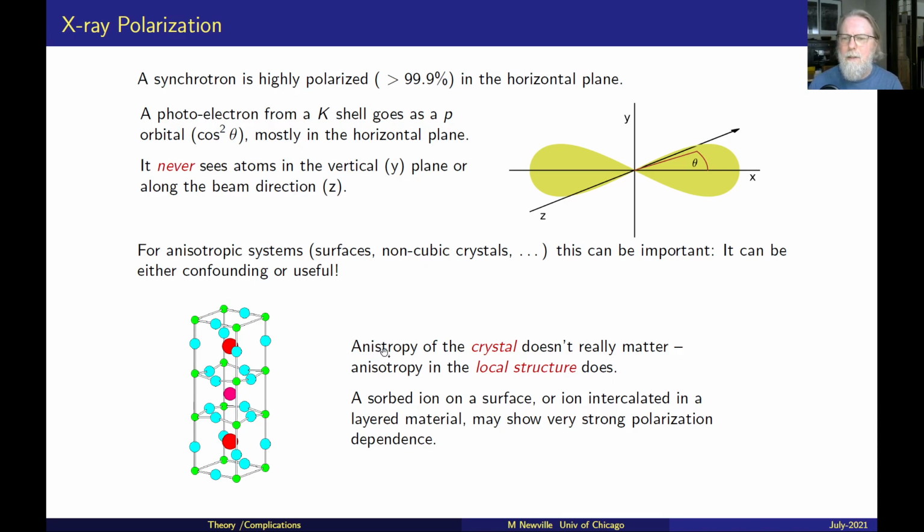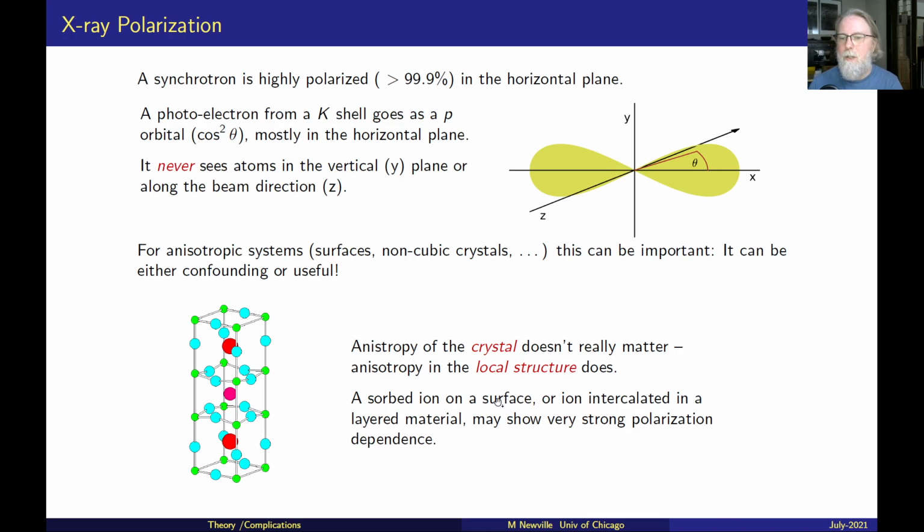Anisotropy of the crystal doesn't really matter so much as anisotropy of the local structures. So if a metal atom is all in octahedral coordination, even if it's in long chains, there may not be much polarization dependence. But on the other hand, an absorbed ion on a surface, or an ion intercalated between a layered material, may show very strong polarization dependence, even though it's a bare atom on a surface.